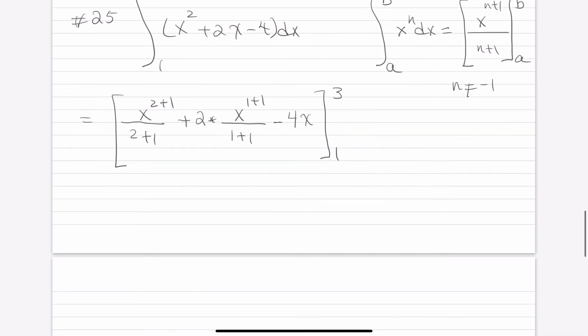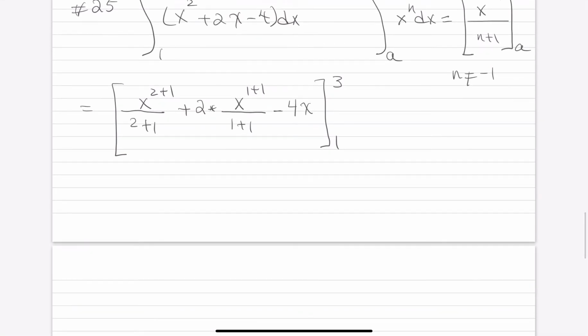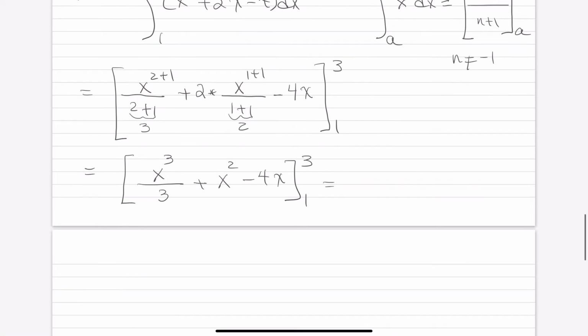Okay. First of all, let's simplify that. So this is 3, and this is 2, right? So what I have is what? x cubed over 3. Now these 2's cancel out as you expect. So you get x squared minus 4x going from 1 to 3. Now plug in the upper limit minus when you plug in the lower limit.